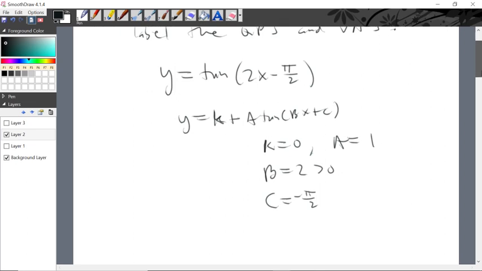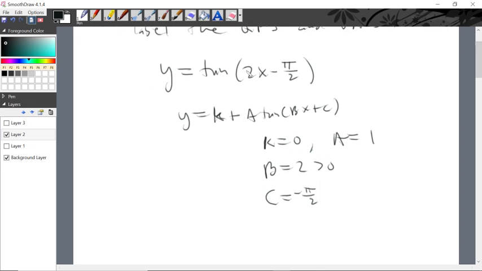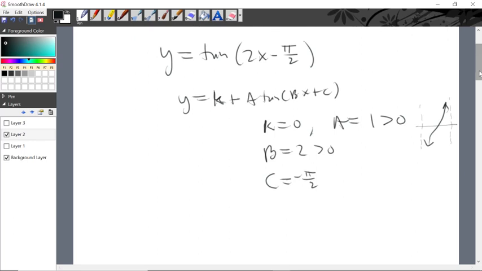All right, we have a tangent where a is greater than 0. So we can think of the basic shape of the tangent curve, which is this kind of a wave right here. It is increasing between its vertical asymptotes for any typical period that we might decide to investigate.